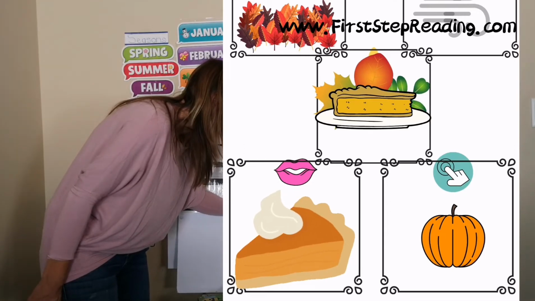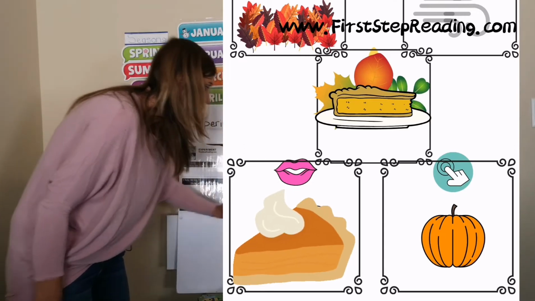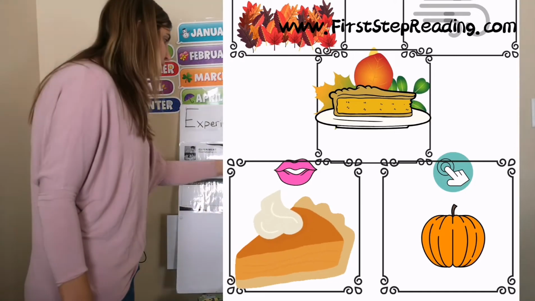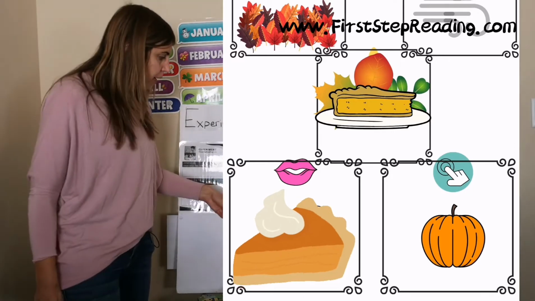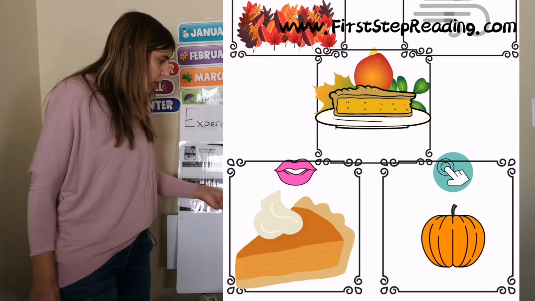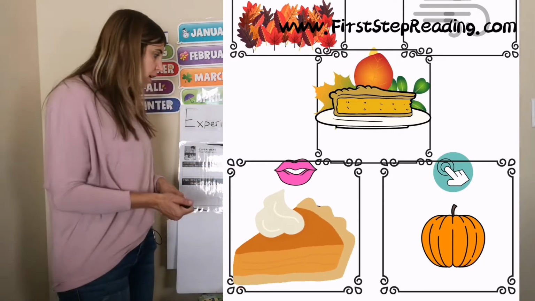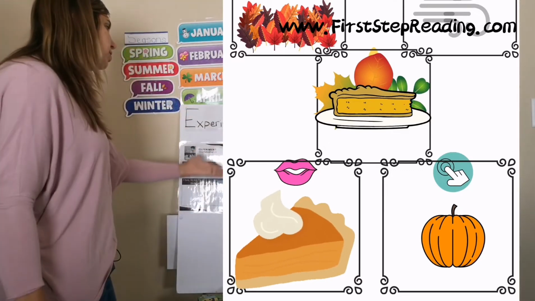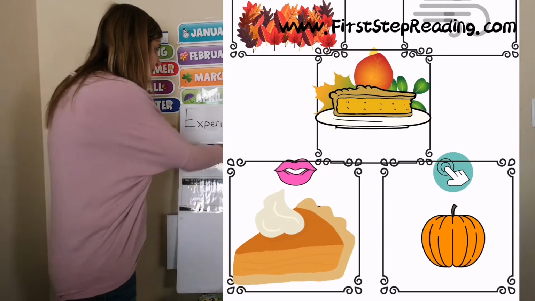Have you ever touched pumpkins? Another holiday in the fall, Halloween and Thanksgiving. So some people celebrate with pumpkins, or the fall has the autumn with leaves and acorns and pine cones. So those are different senses for the fall.